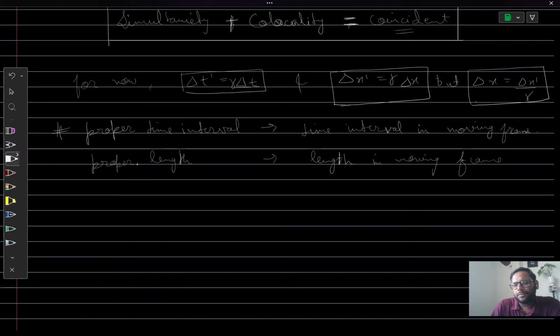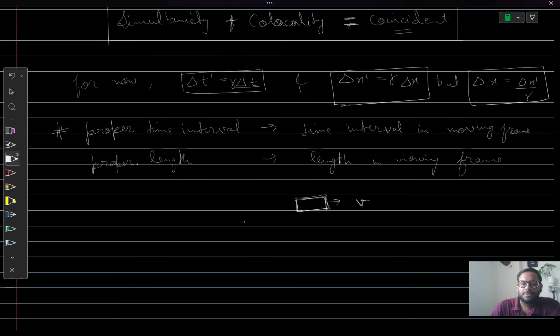In the moving frame the length is not disturbed. We define the proper length as the length of the object in its own frame.